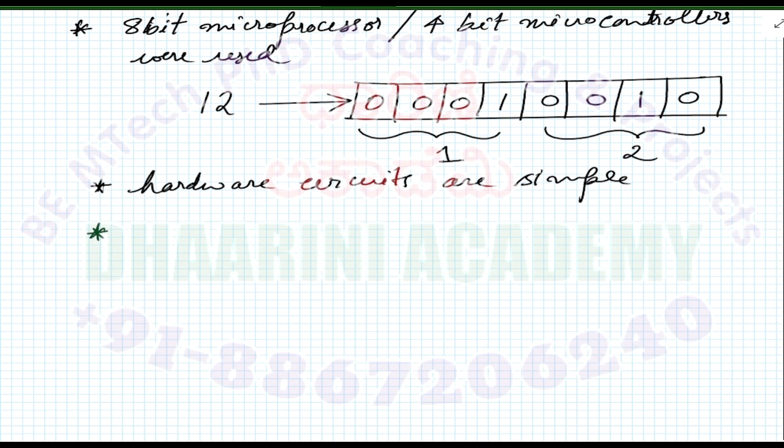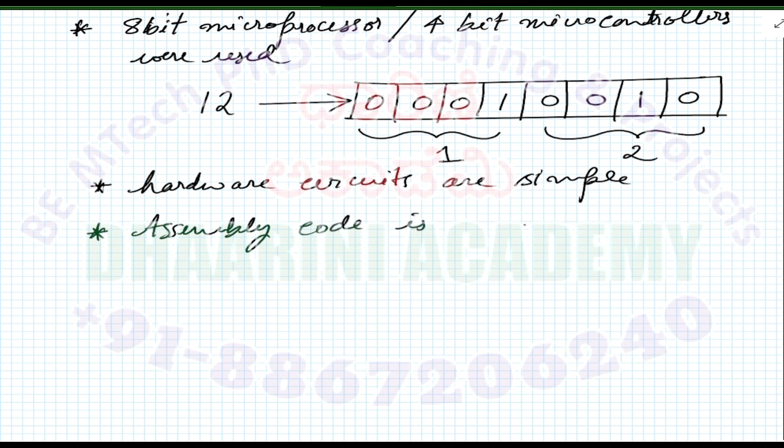I should be able to talk about the software as well, because I am dealing with an embedded system. The hardware circuit here is simple, which means you should not be able to put very complicated programs over there. It's not possible. So you use simple assembly level code.